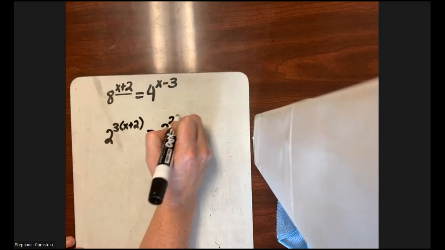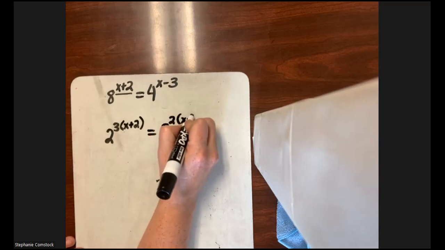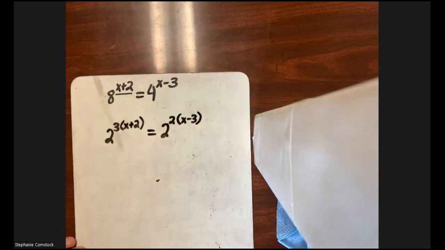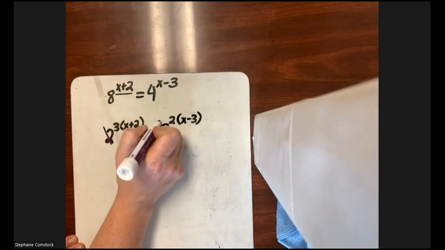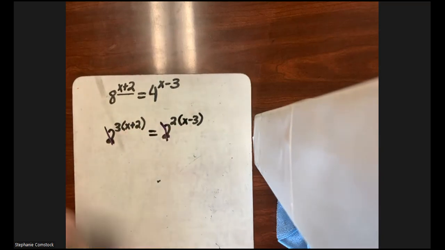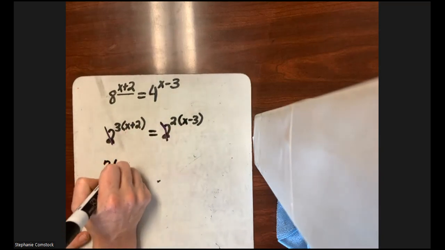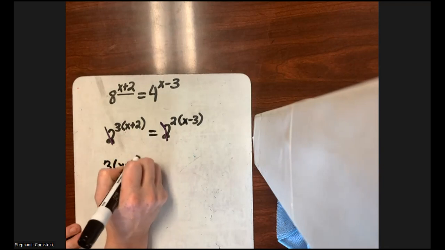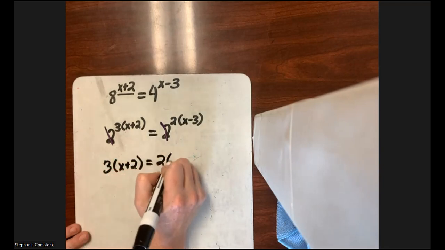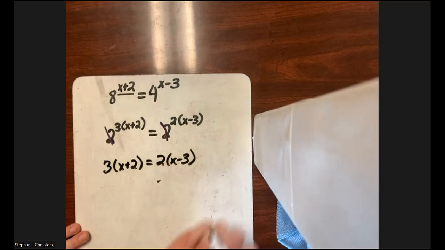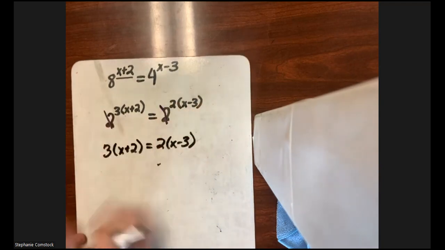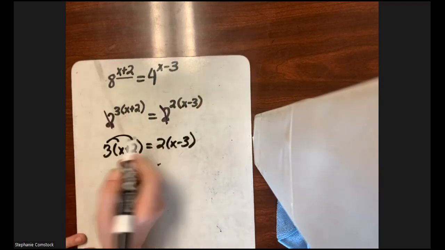So we've got 2 squared, and again I'm going to put what was up there in a set of parentheses. Now we have those matched bases, so we can clear off those matched bases. I've got 3, and I'm still going to keep all of this coming down. You can distribute as you come down, but I'm going to show just where I brought them down, then we'll distribute.